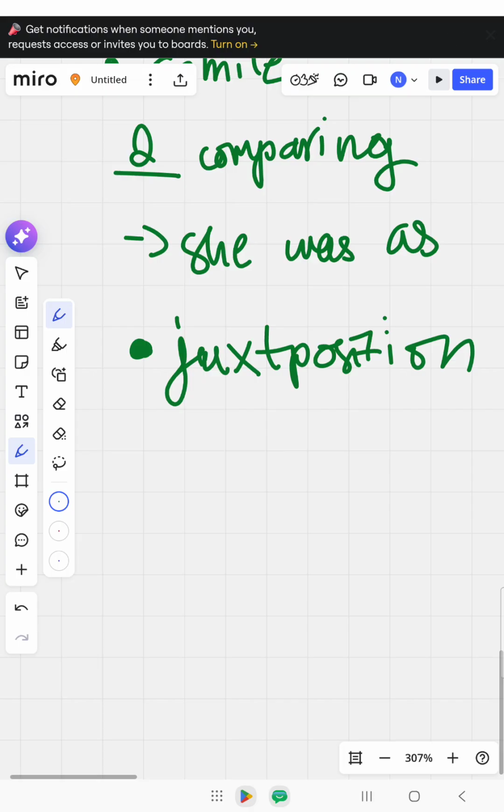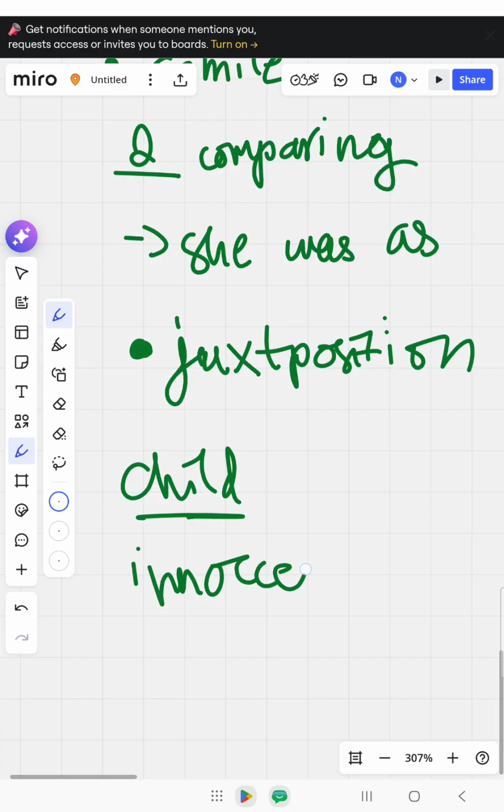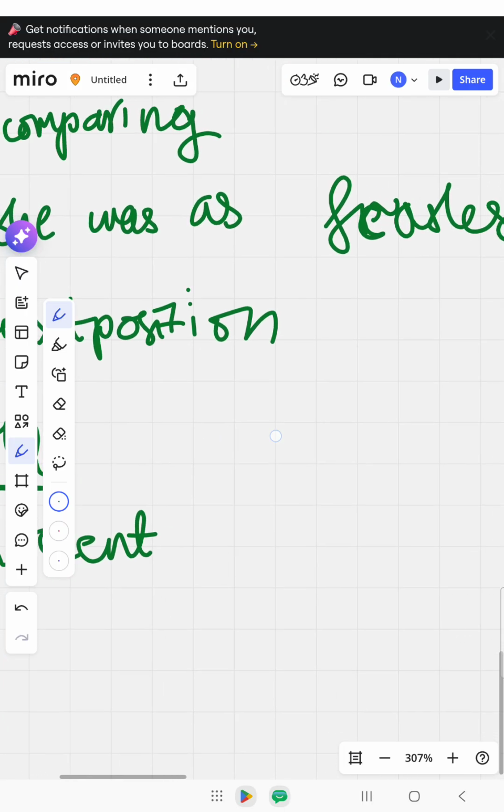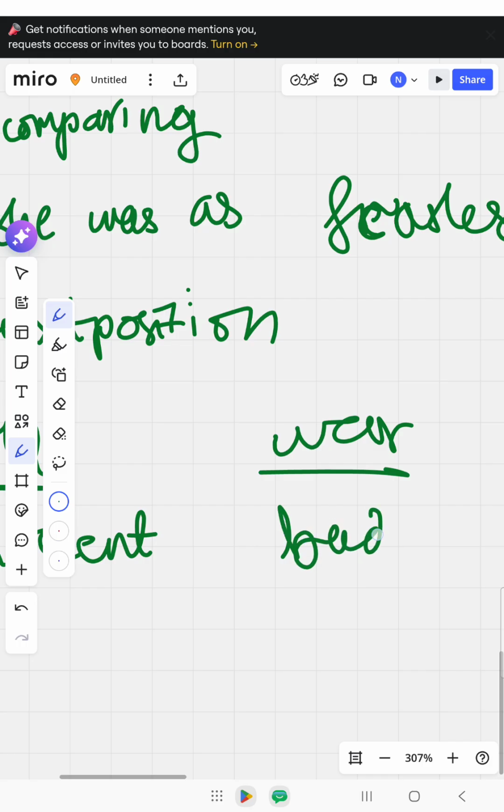So you can say things like, let's say a child, okay, a child represents innocence, but we put them in a background like war. So these two contrast each other. War, so like bad, rough.